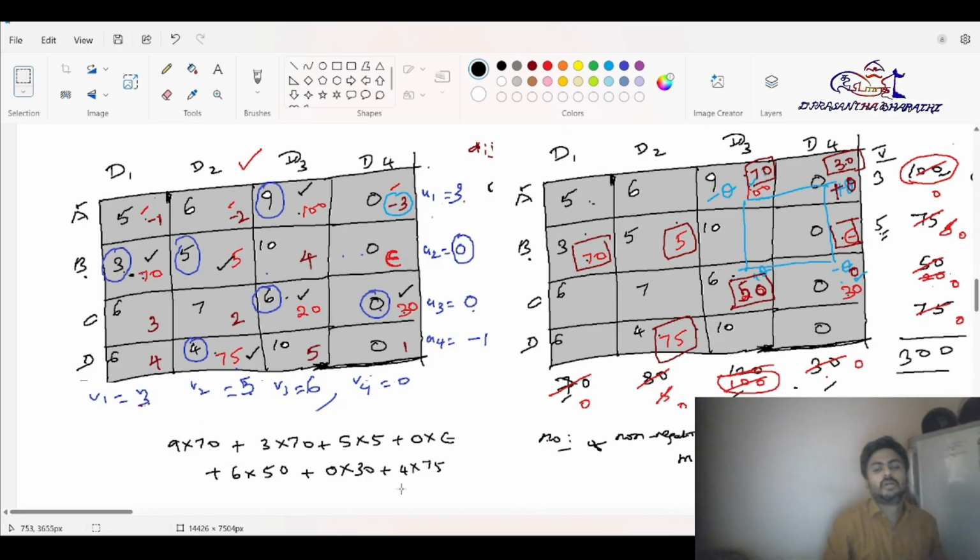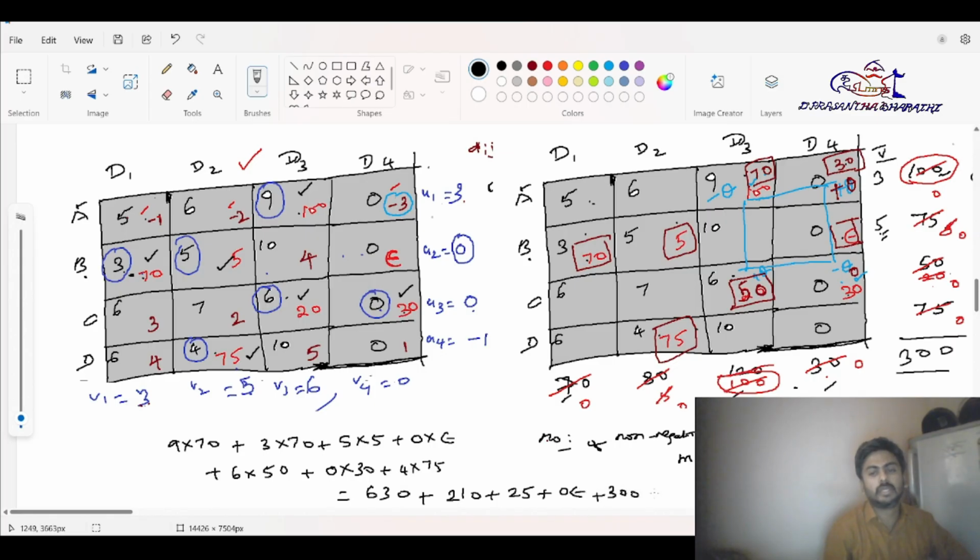So 9 into 70 equals 630, plus 3 into 70 is 210, plus 25, plus 0 epsilon, plus 300, plus 0 into 30, that is 0, plus 4 into 75 is 300.